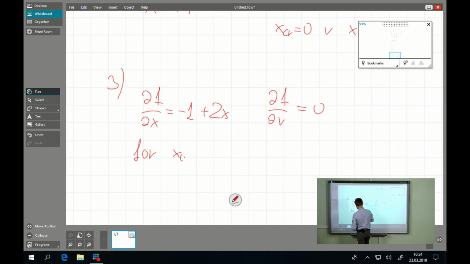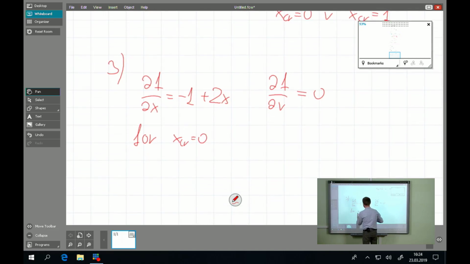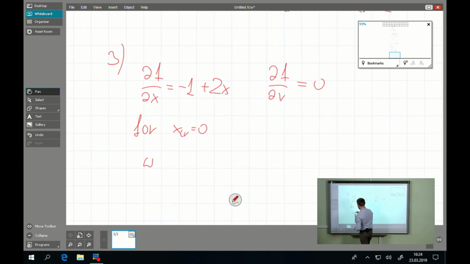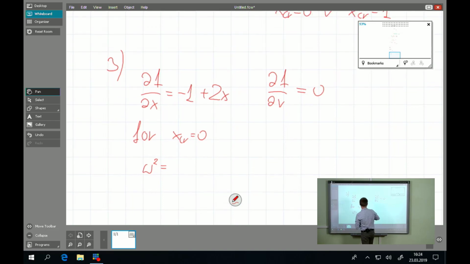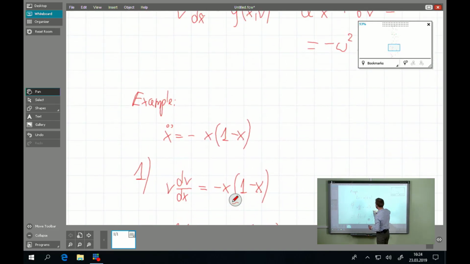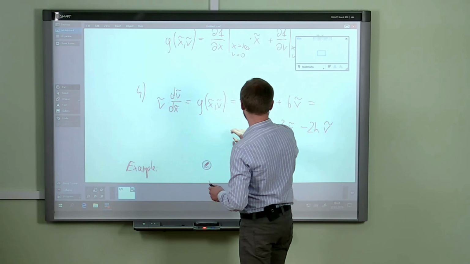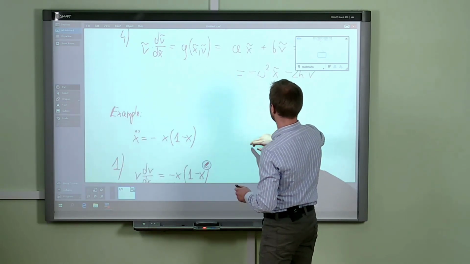For x critical equals 0, we see that the first component, omega square, will be minus omega square, because last time in our consideration we assumed that a will be minus omega square.